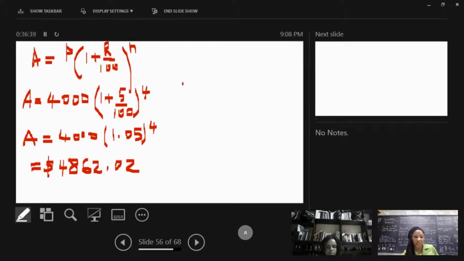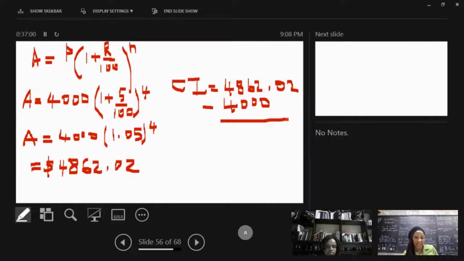And the actual compound interest now would be this money, the amount, minus the principal, the 4,000. And that is $862.02.